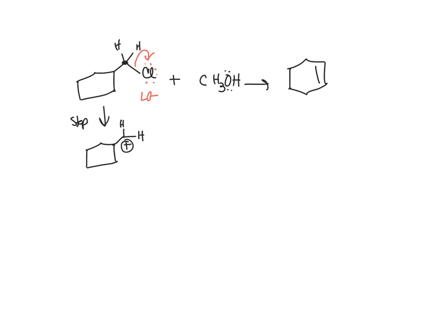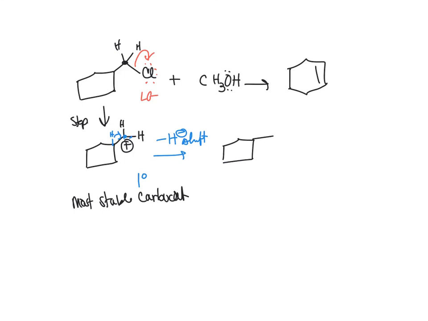You form the carbocation, but you got to make the most stable carbocation. So that carbocation, let's classify it. It's a primary. So we can do a hydride shift, which means you switch places. So instead of there, now we have this here, and now that's a tertiary. That's pretty stable.